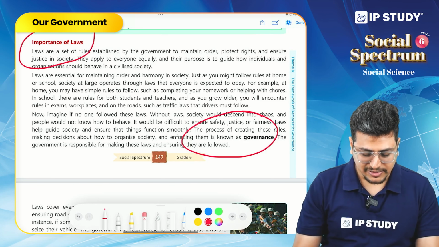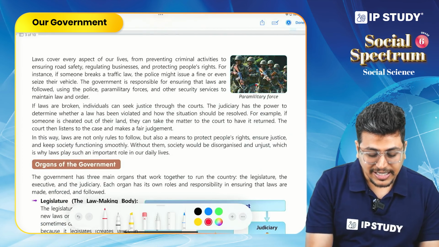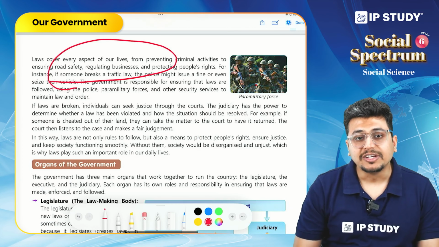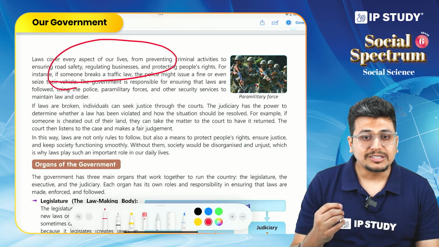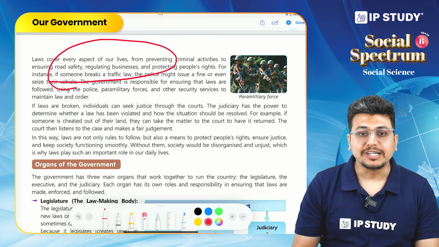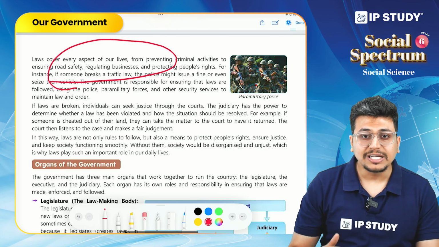So as we understand that, we also understand that laws are there in every aspect of our life. It is not just the traffic rules. It is also the education you are receiving. It is also the health policies in a place. It is also the infrastructure.